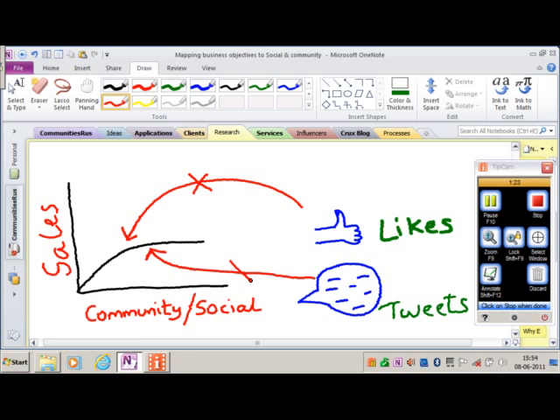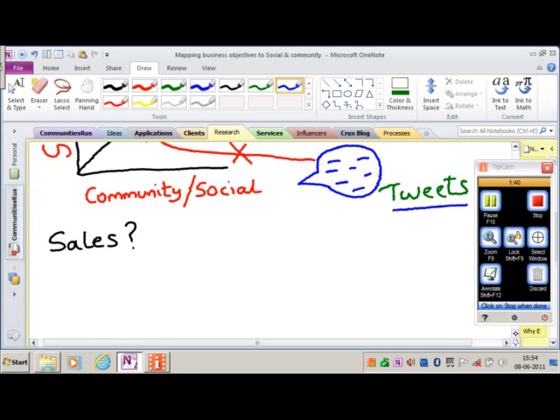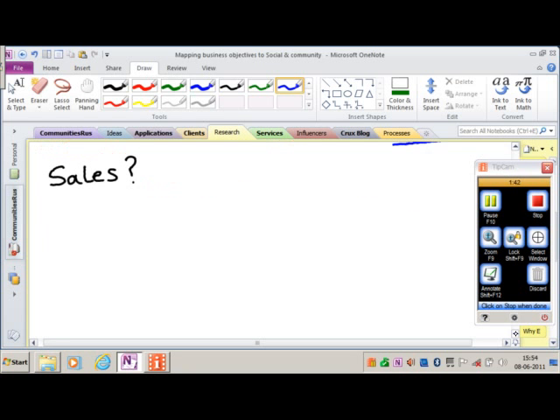Now, this is a challenge which needs to be addressed by taking a step back into understanding the business objective first. So, if you look at sales as a business objective, there are a variety of different ways in which you can increase sales.